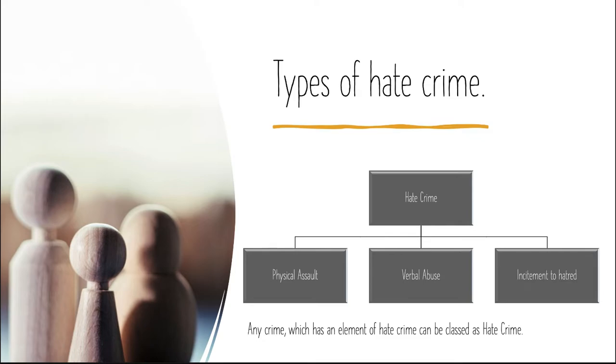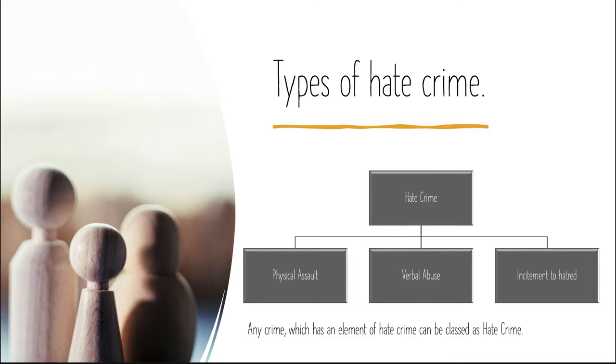This diagram highlights how hate crimes can include behaviours such as physical assault, verbal abuse, and incitement to hatred. But as we've just highlighted, any crime really that is perpetrated because of someone's identity, if that identity falls within those protected characteristics, could be defined as a potential hate crime.